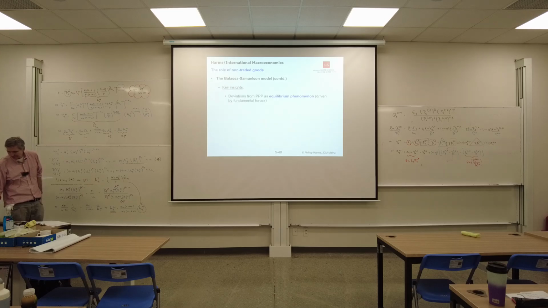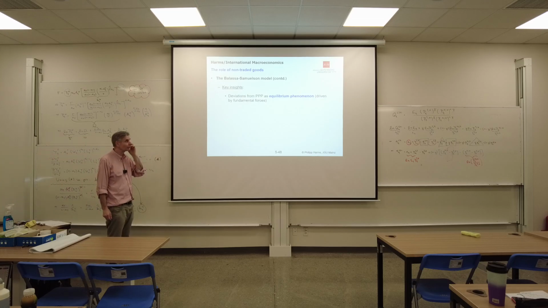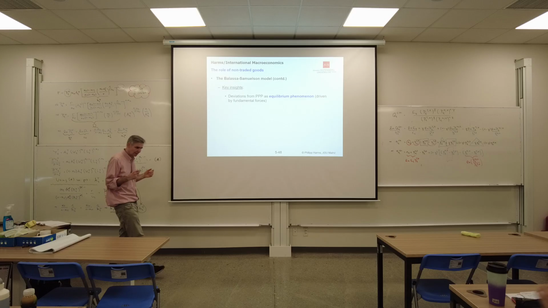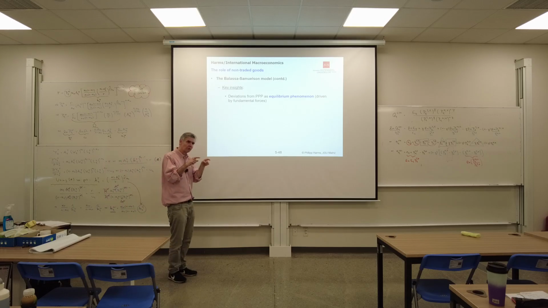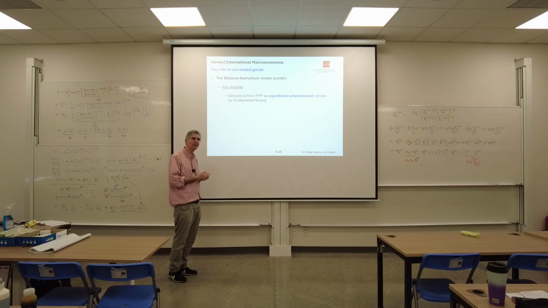So the key insight from Balassa-Samuelson: the important thing is that deviations from PPP, according to Balassa-Samuelson, are an equilibrium phenomenon driven by fundamental forces. So if you go to these Big Mac tables and you observe that the Big Mac is more expensive in Basel than in Beijing, Balassa-Samuelson says this does not indicate that the Swiss franc is overvalued.